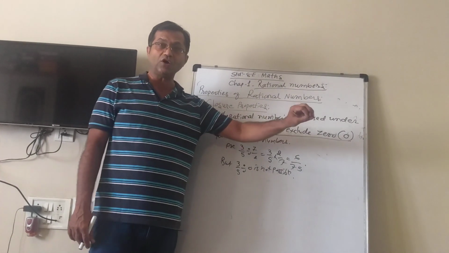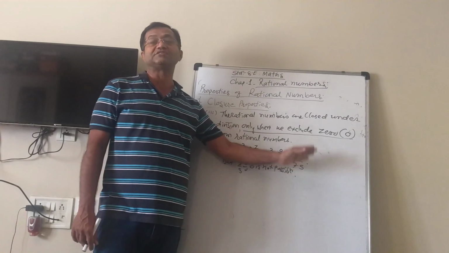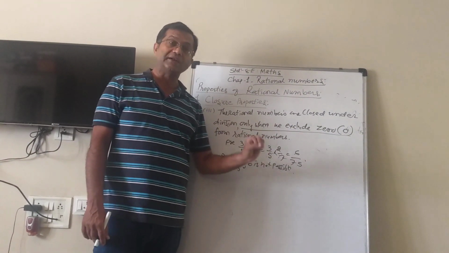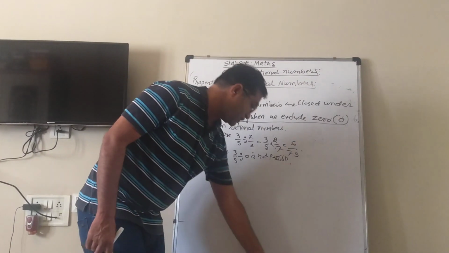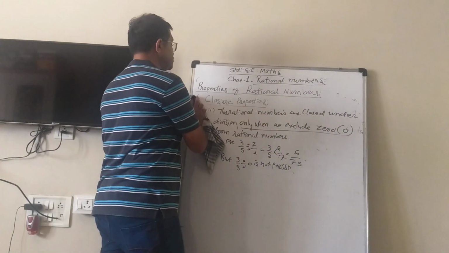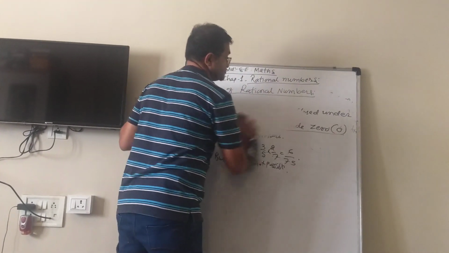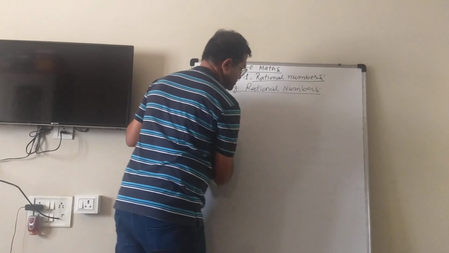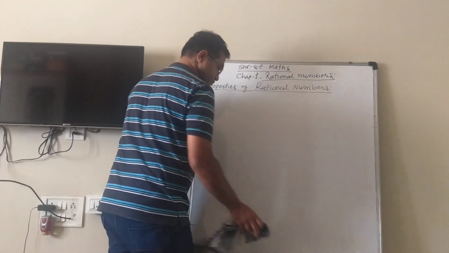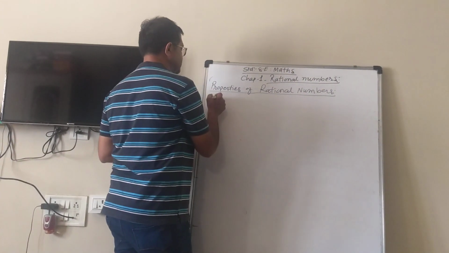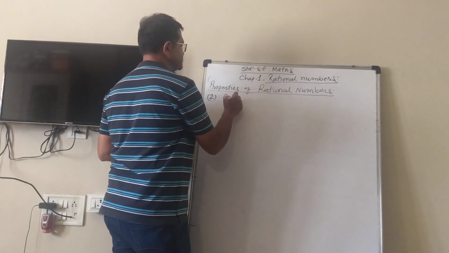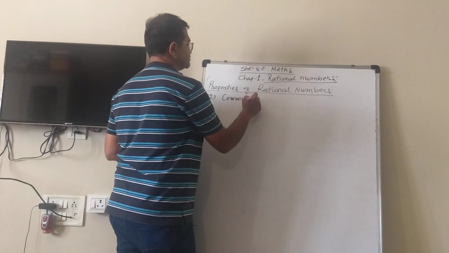If you take out 0, then the property is true for division. Now we have to learn the second property. The second property is commutativity. That also you are familiar with.